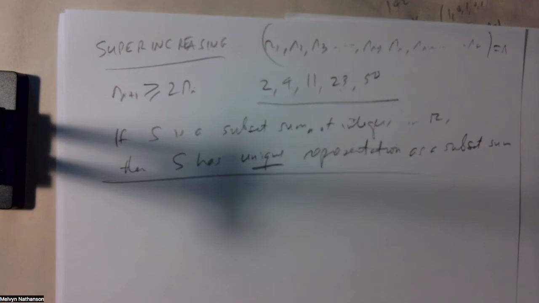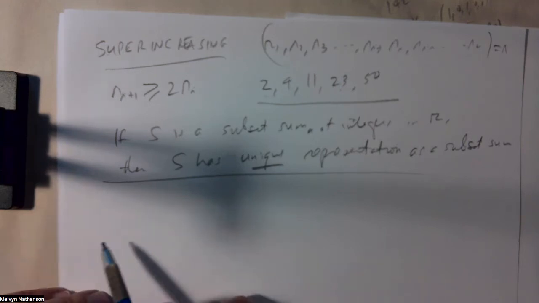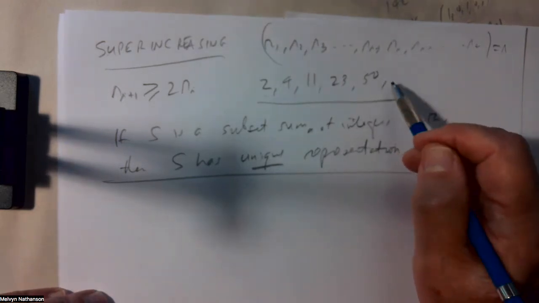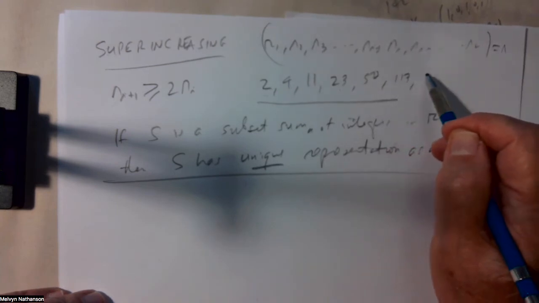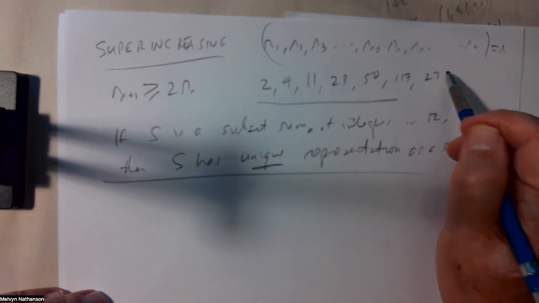And in fact, there's a simple algorithm to find that representation. Let's see. We had a few terms for this. So this is a super increasing subset sum.